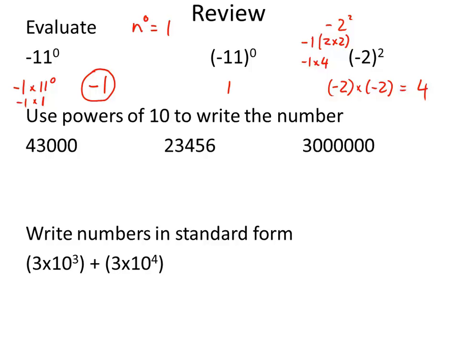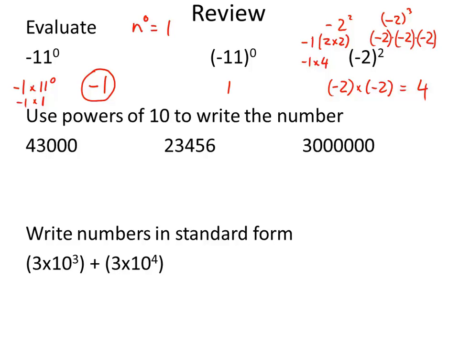Now, just to do a little bit more review, if we had negative 2 to the power of 3 right here, it'd be a negative 2 times a negative 2 times a negative 2. We're just going to put some brackets around everything.